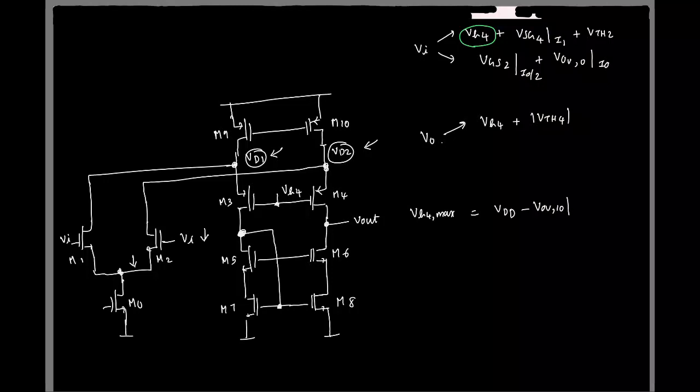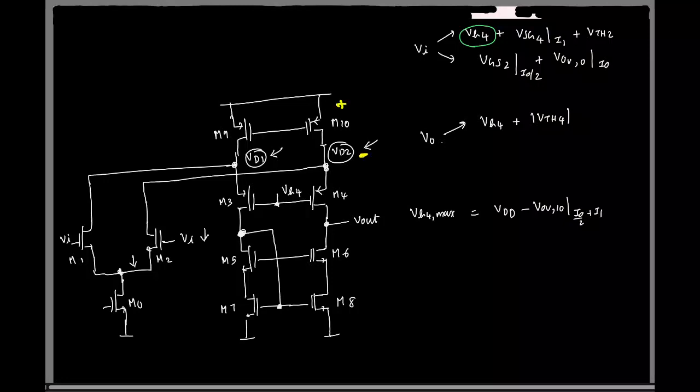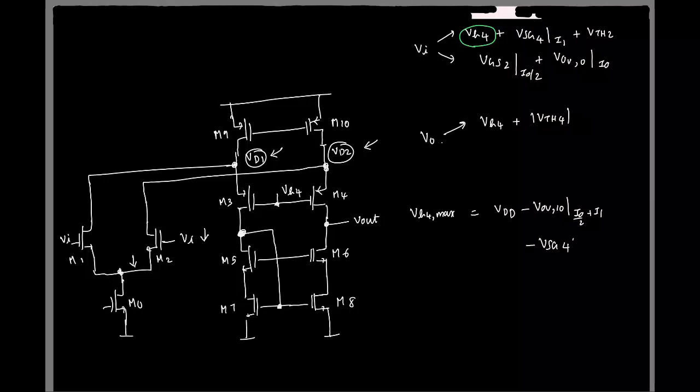Overdrive of M10 at a current I0 by 2 plus I1. So what is saying is this guy VDD minus overdrive, that is the minimum or the maximum drain voltage it can take. On top of it, we need to have minus or plus. Source is at VD2 minus VSG at a current I1.